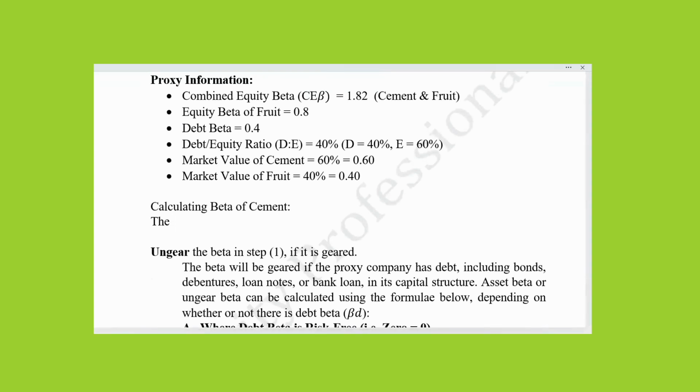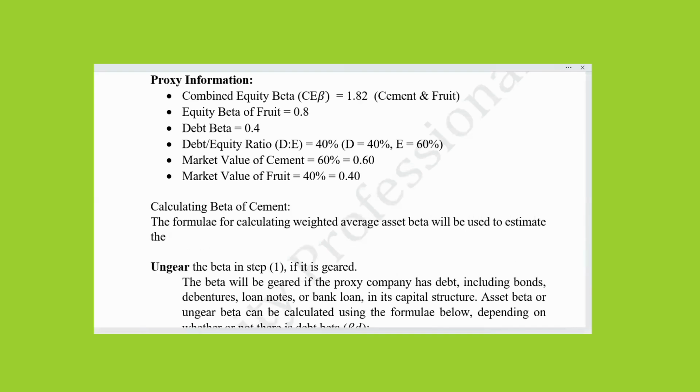The formula for calculating weighted average asset beta will be used to estimate the combined, and also will be used to estimate the beta of cement, as shown below.